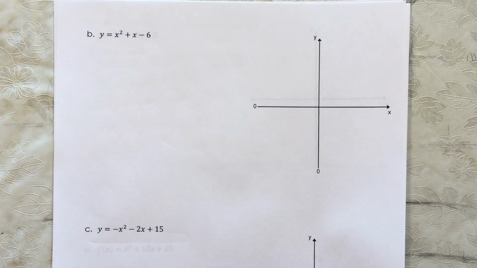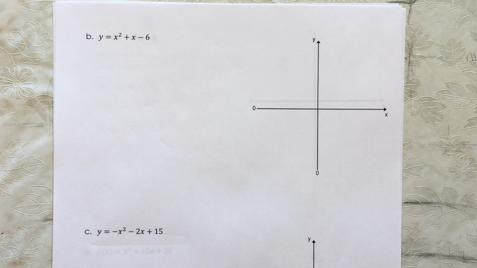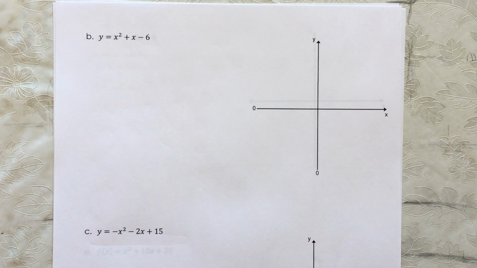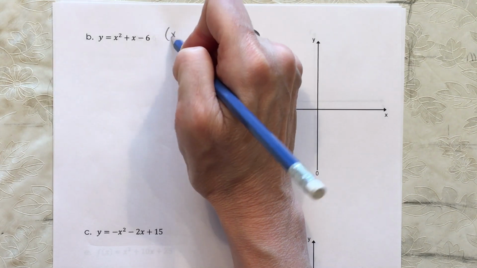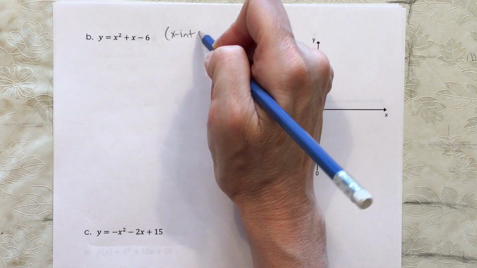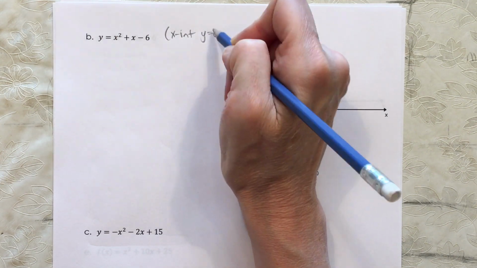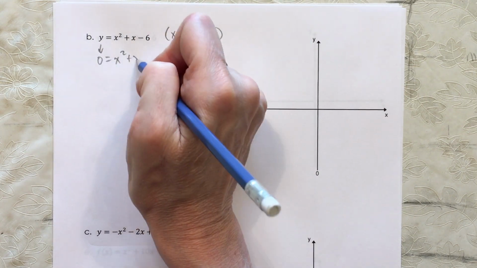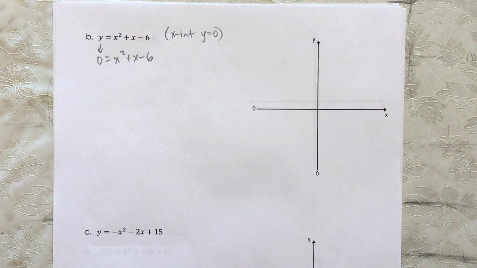Okay, B. So we want to determine the x-intercepts of this parabola or quadratic function. Okay, so again, to get the x-intercepts, you set y equal to 0 and solve for x.